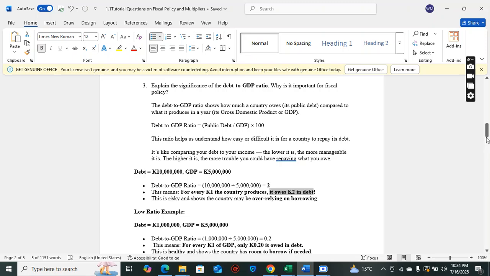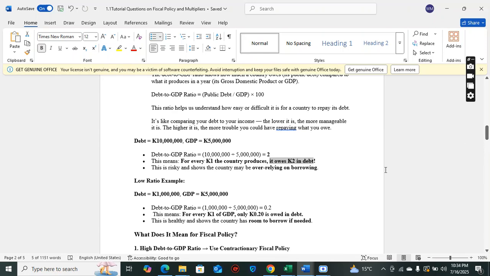So here's an example of a low debt to GDP ratio. Let's say you have debt of 1 million and your GDP is 5 million. So the debt to GDP ratio is 1 million divided by 5 million, that is 0.2. And as I told you, any value below 1 means your GDP is greater than your debt.